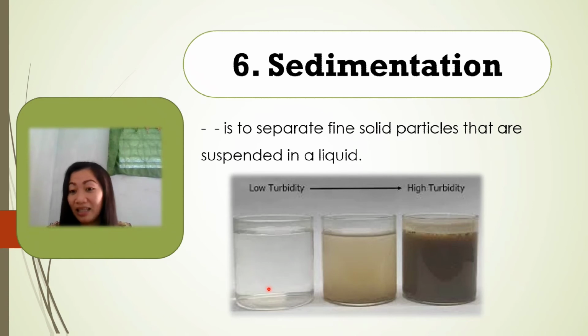We cannot see it with our naked eyes, but the water is still dirty. It still has a lot of bacteria and hazardous substances, so we cannot drink it or use it. It needs further purification so that the bacteria will die.